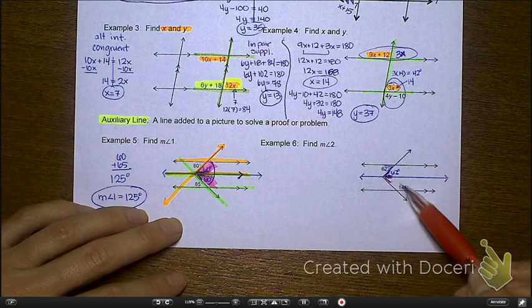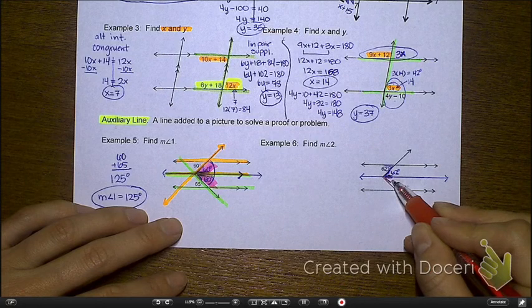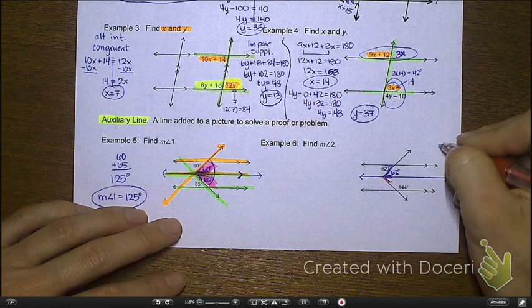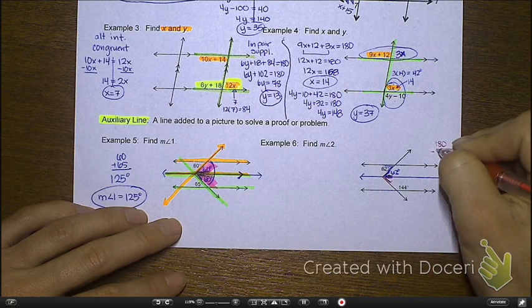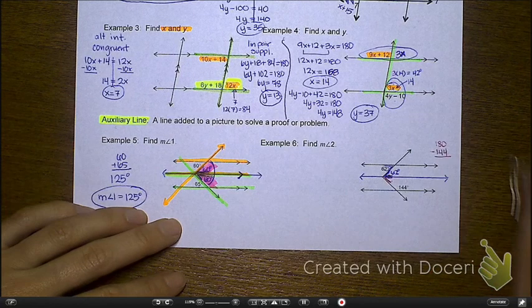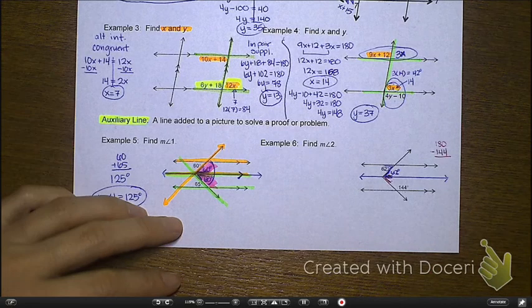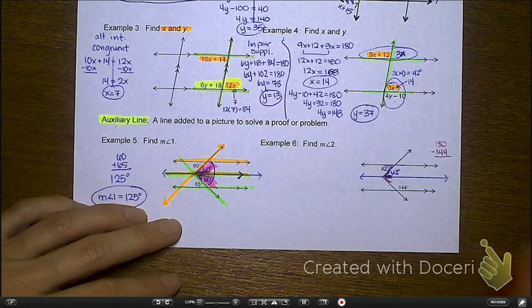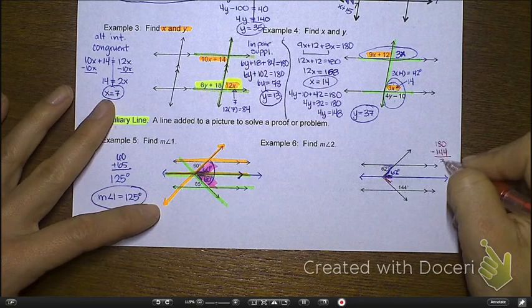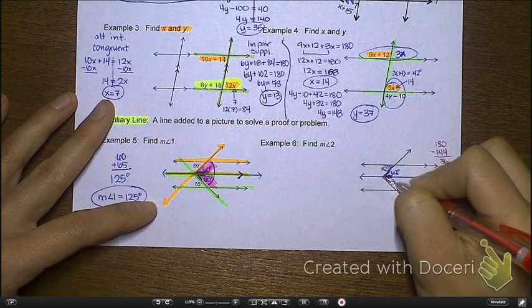Supplementary. Okay, so how do I find the measure for this one? Yeah, let's subtract from 180 to find it, okay? So what do you guys get when you subtract from 180 to find that one? 36, okay? So this one is now 36 degrees, okay?